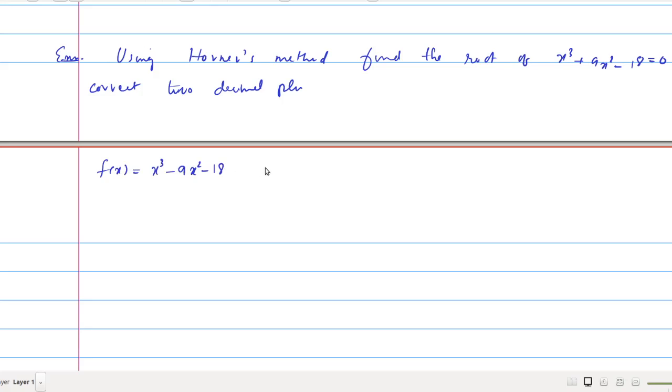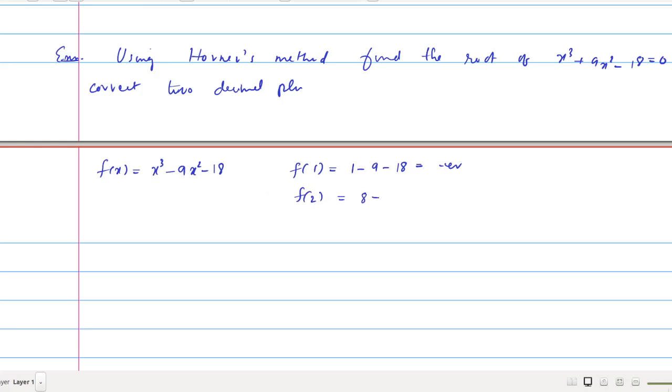Then you just evaluate two consecutive integers for which the root of this equation lies in between them. We can evaluate f of 1 first. F of 1 is 1 plus 9 minus 18, so that is negative. When you evaluate f of 0, you get again a negative number, so just evaluate f of 2.